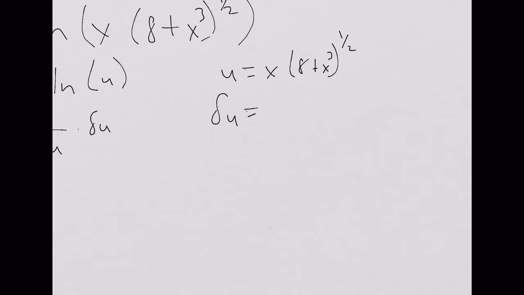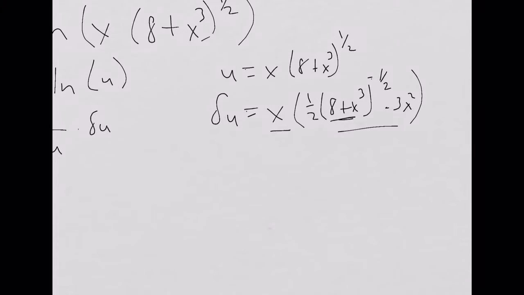But if I look at the product rule and say the first times the derivative of the second, I'd also have to multiply this one by the derivative of that inside, which would be 3x squared. So the first times the derivative of the second plus the derivative of the first times the second.